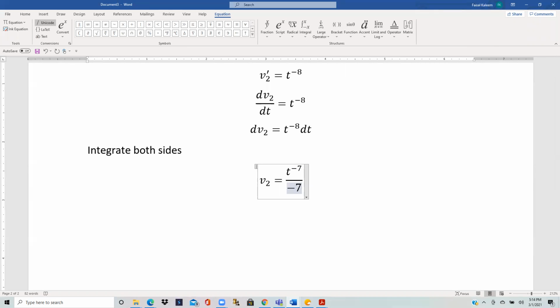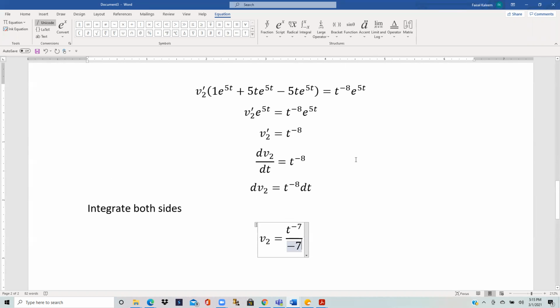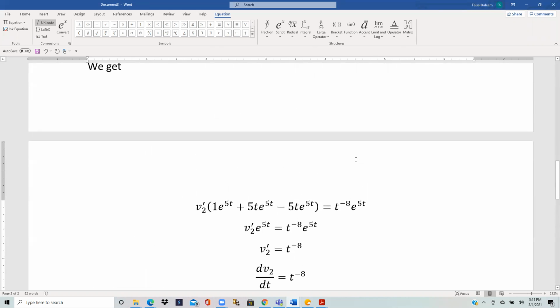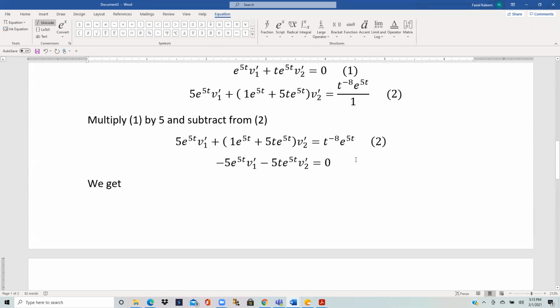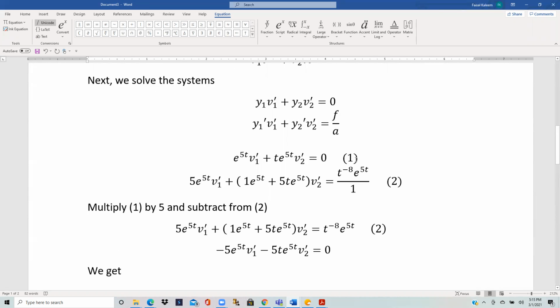Okay, so we got v2, and now remember in this method of variation of parameters, we don't write the constants after integrating. And then v1 will be obtained by substituting it. We should do it in the easier one. So this is the easier one.